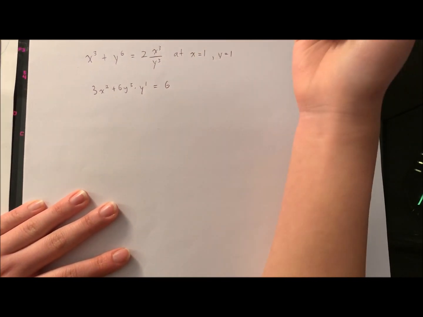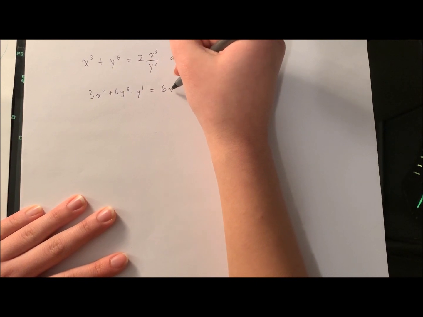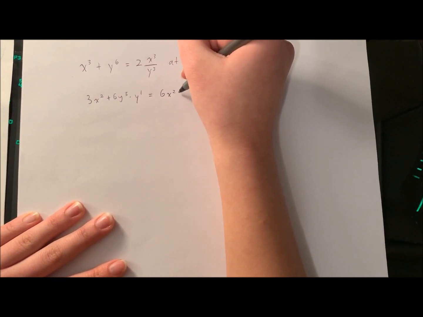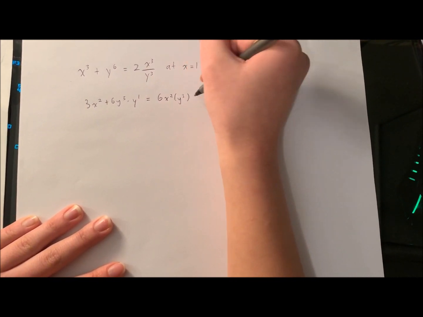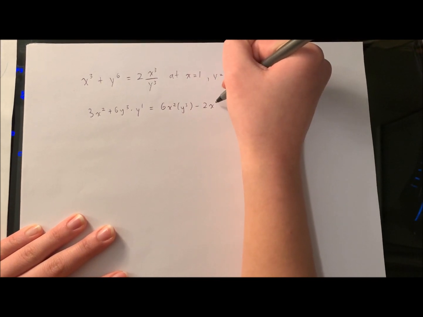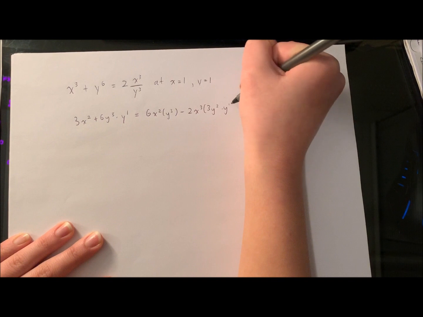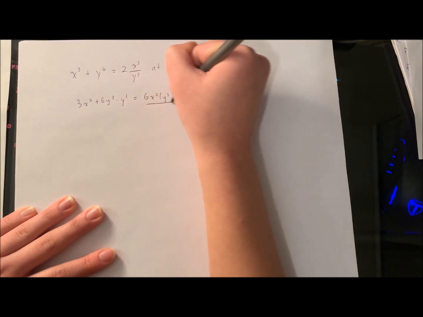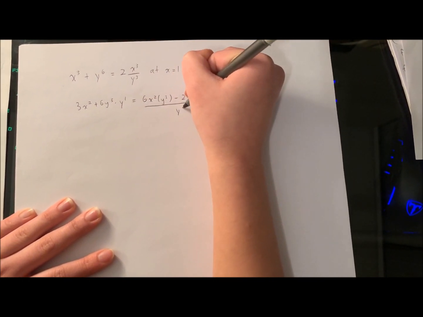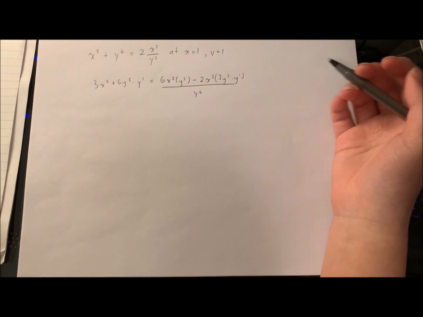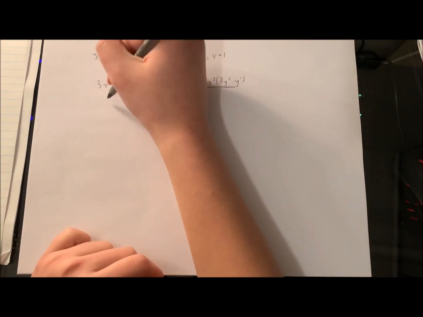For here, we use the quotient rule. All over y to the 6. Okay, so now we have to separate all these.